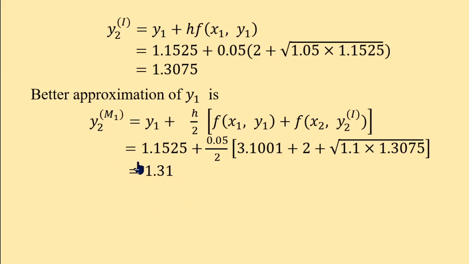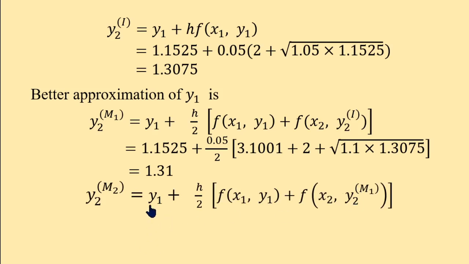Now substitute this y2 modified 1 here. So you will get y2 modified 2. Everything is the same. Only y2 initial is replaced by y2 modified 1. That means the second modification of this y2, a better approximation. So when you substitute everything here, y1 is the same 1.1525 plus 0.05 by 2 bracket open, that is 3.1001, that is f of x1 y1, plus f of x2 y2 modified 1, 2 plus root 1.1 into 1.31, instead of 1.3075 make it 1.31.